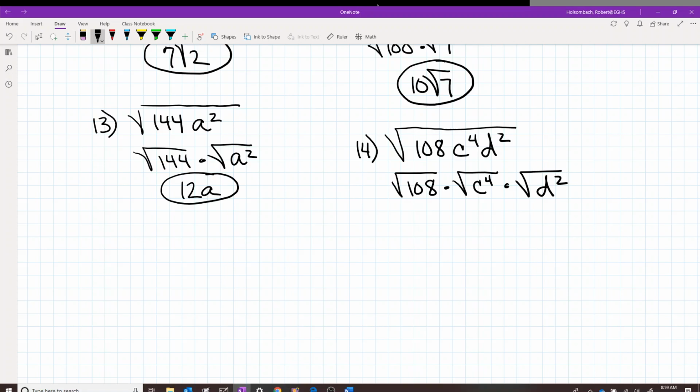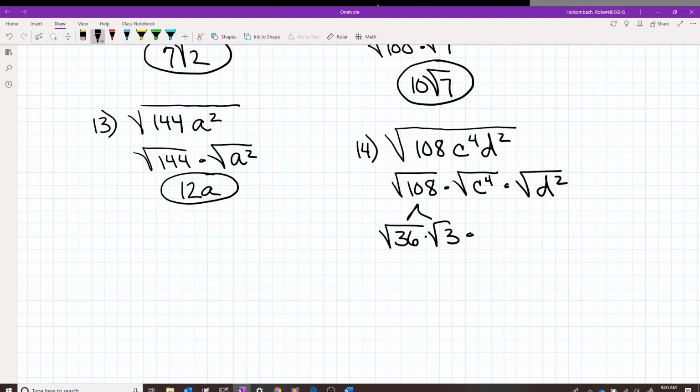Simplify the square root of 108, finding the largest perfect square that goes into it evenly. And that is 36. 36 goes into 108 3 times. So the square root of 36 times the square root of 3.